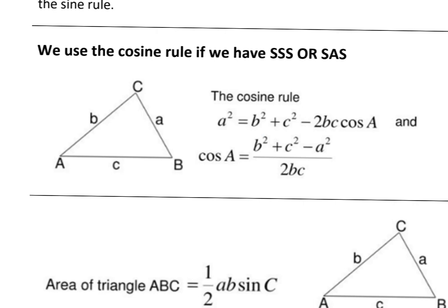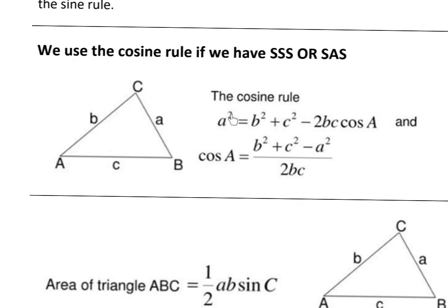The second rule, cosine rule. We use cosine rule if we have 3 sides or we have 2 sides and the included angle. In the same triangle, the side which is opposite to angle C is c, the side which is opposite to angle A is a, the side which is opposite to B is b.